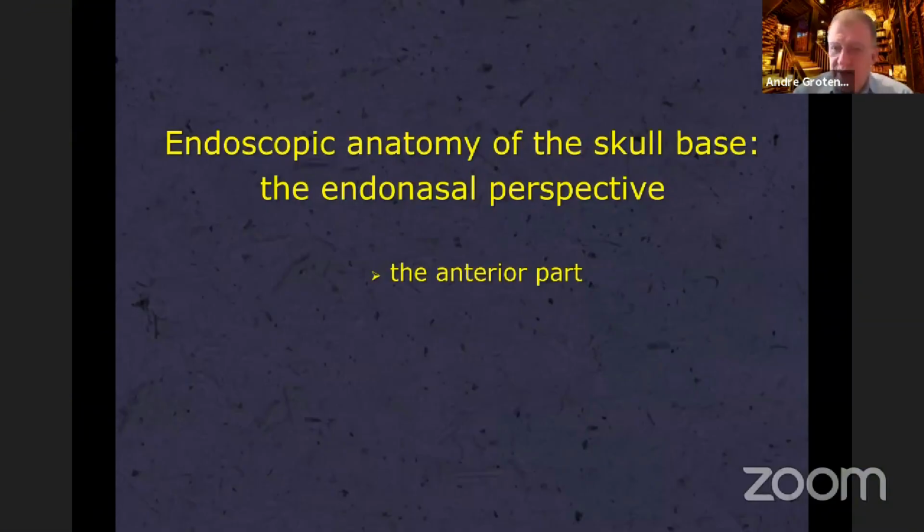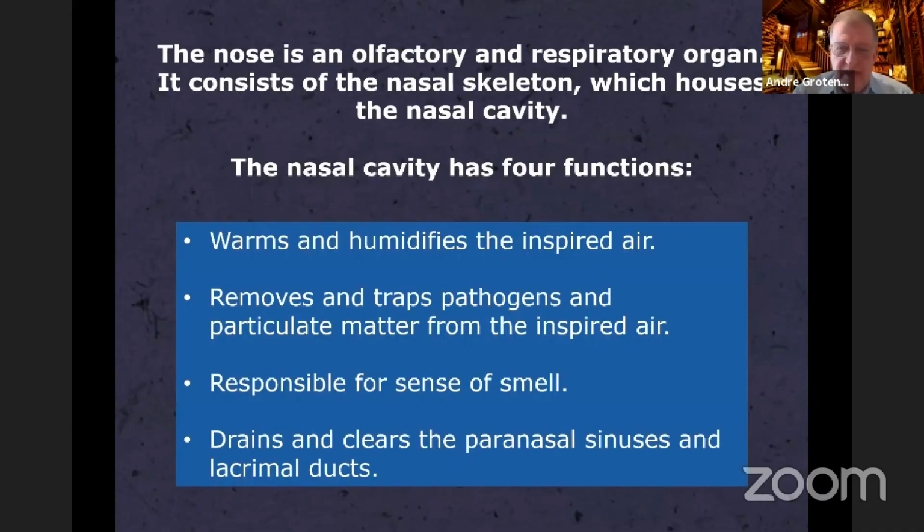The nose itself was not so well known, but we have to realize that the nose is the most superior part of our whole respiratory tract. It has a nasal skeleton, and it has two functions, respiratory and olfactory.